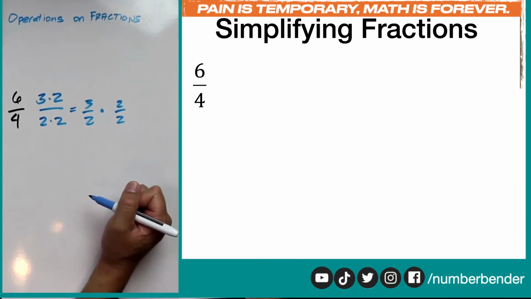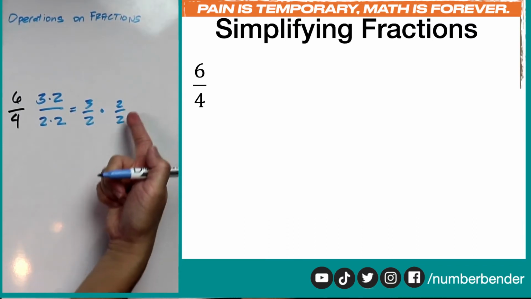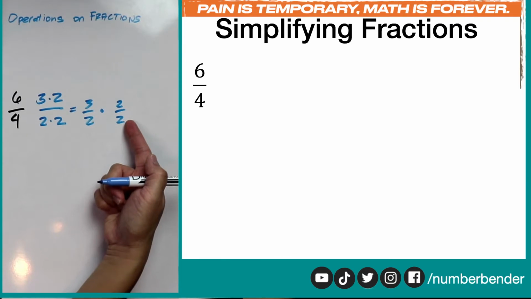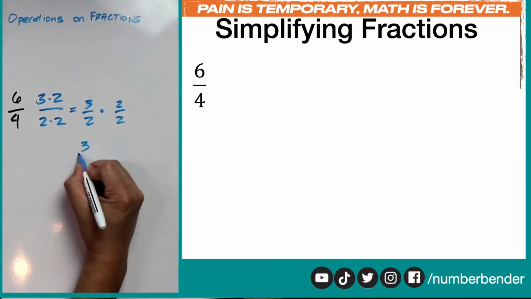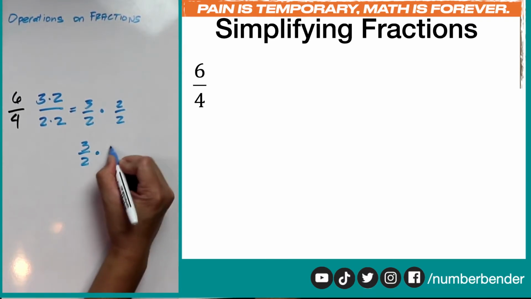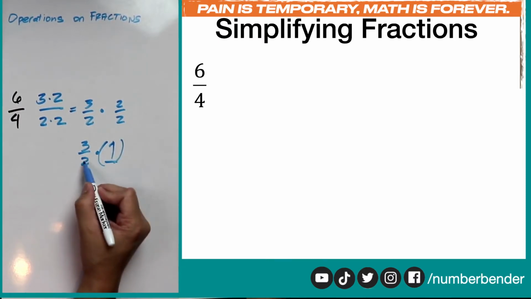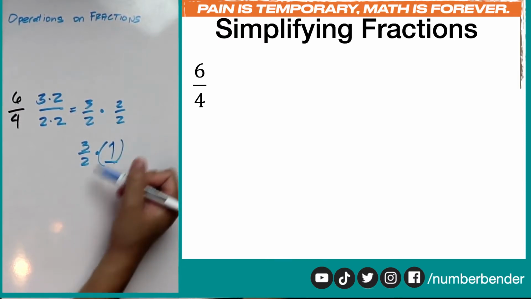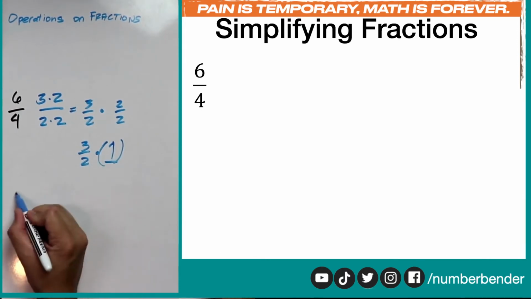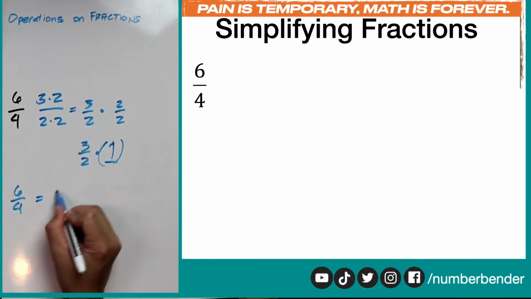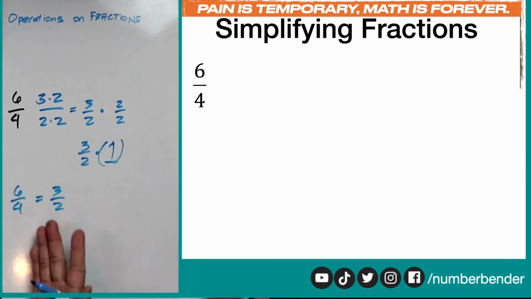And in mathematics, if the numerator and the denominator are the same, it's equal to 1. So ultimately, we are multiplying 3 over 2 with 1. And now we know that 3 over 2 times 1, or 2 over 2, is simply equal to 3 over 2. And that is how we simplify a fraction using prime factorization.